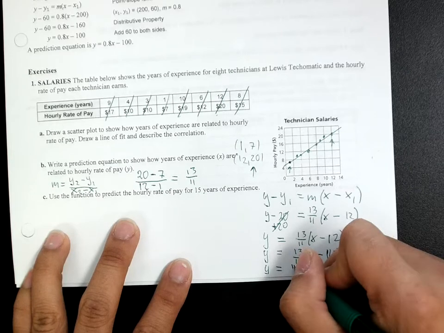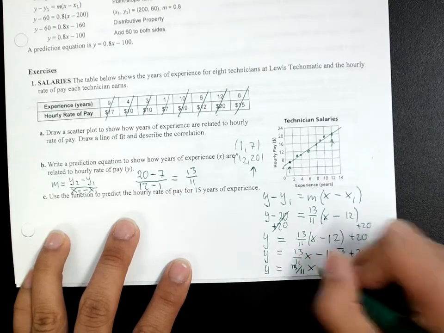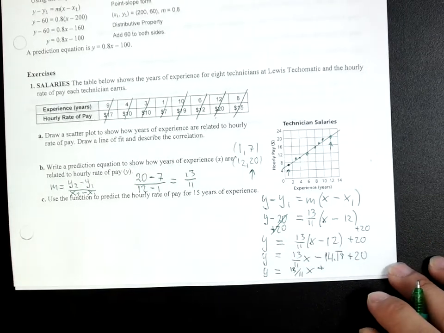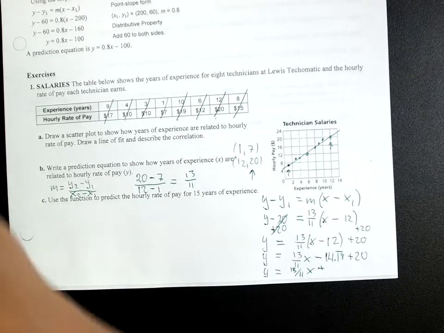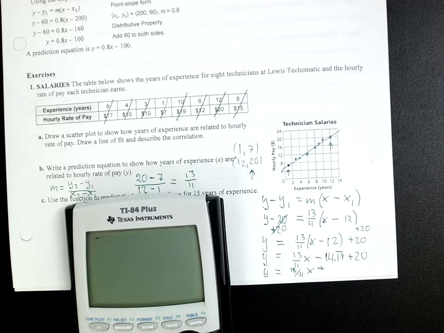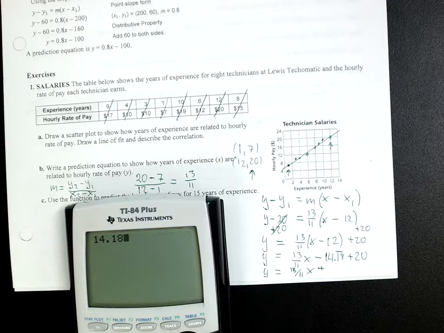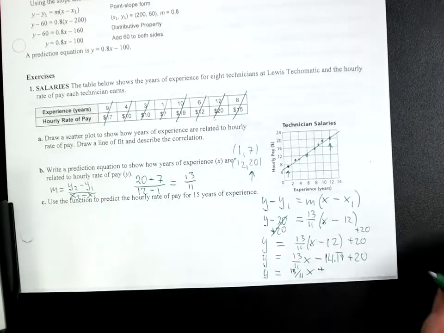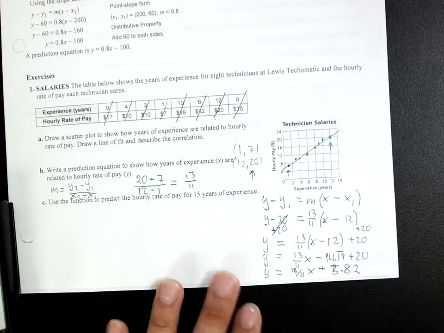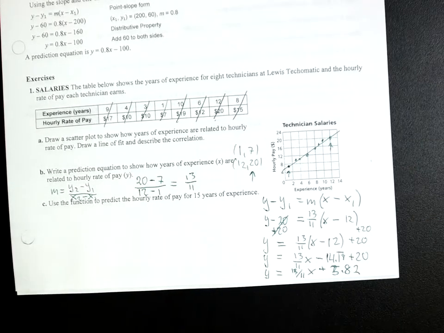Y equals 13 over 11x plus 5.82. So that's my prediction.